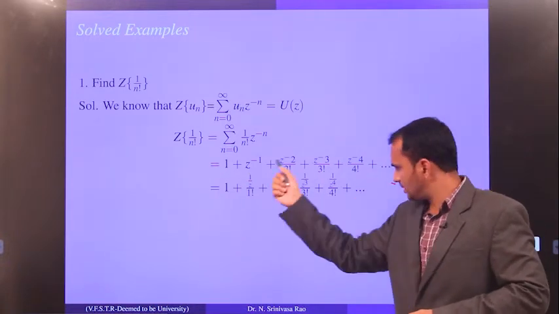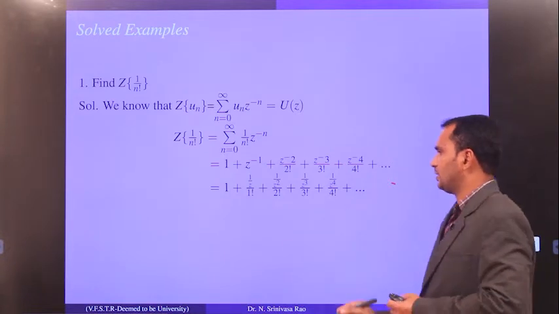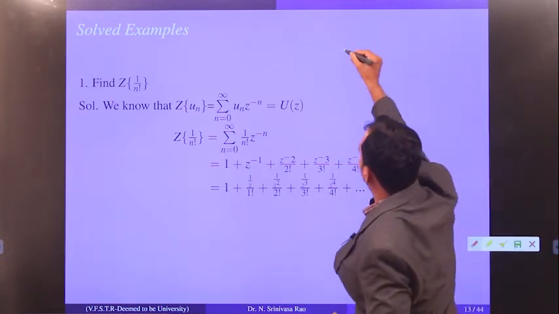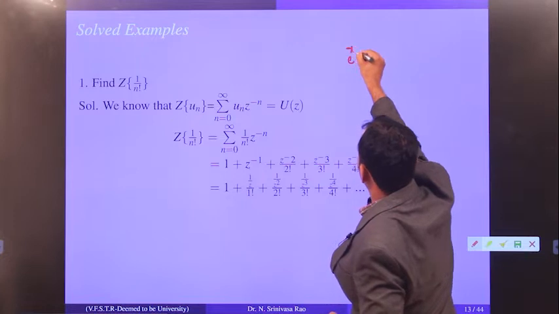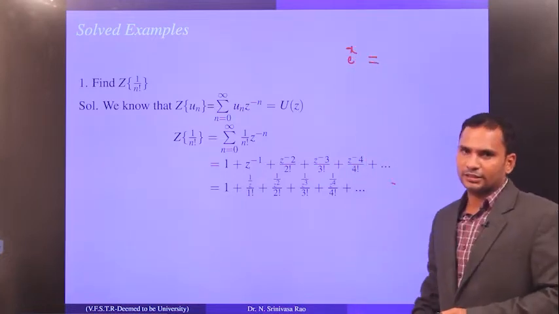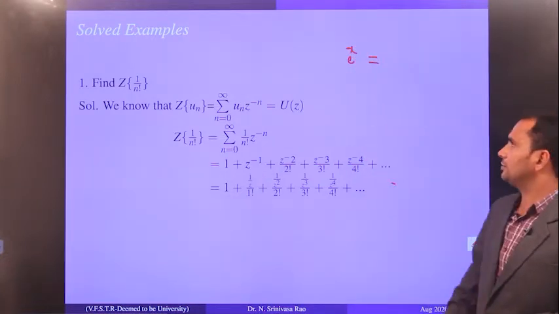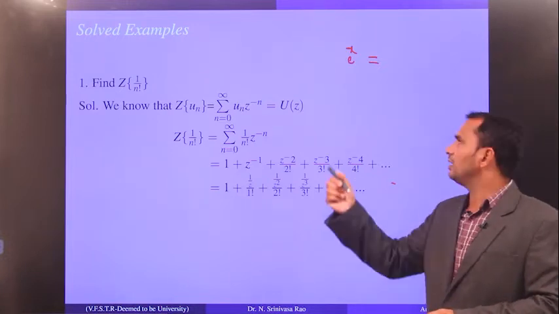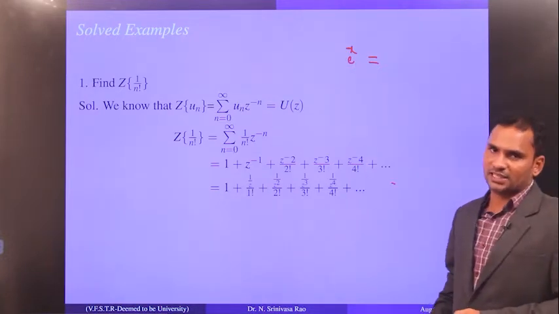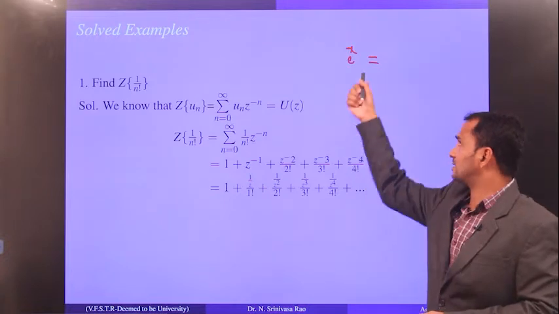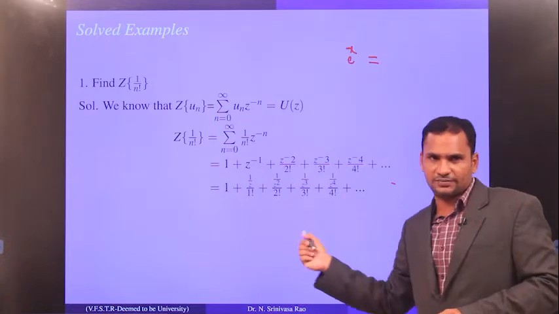There is a formula for this. I will write the e power x expansion. You already learned this at plus 2 level. Can you tell me the e power x expansion? If you know this, then we can definitely replace it with that.